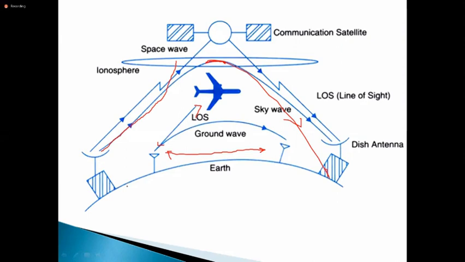When there is a large distance between the transmitter and receiver, satellite communication can be used. So here you can see that this is line of sight.